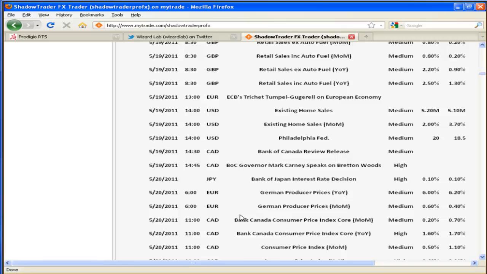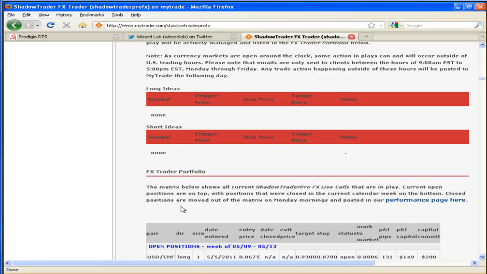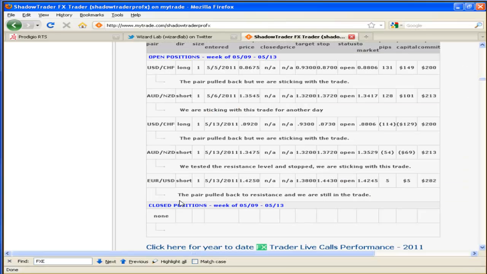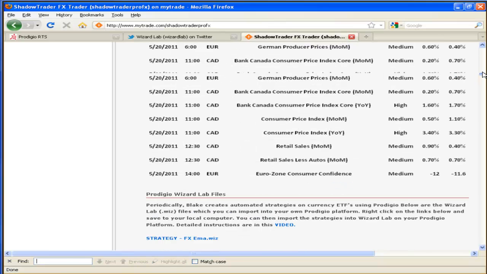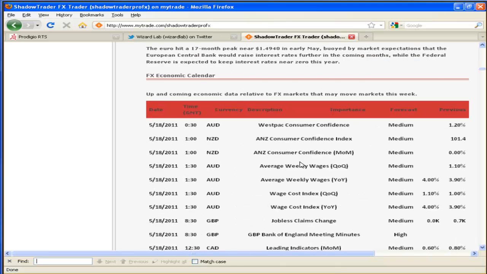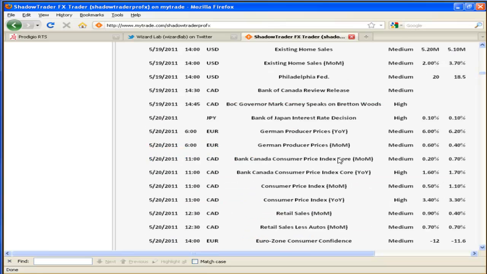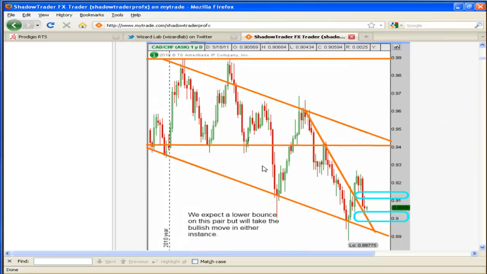Let me see if I can recall one of these symbols actually. I'm looking for this symbol list here. Because again, Prodigio is designed to run off of ETFs. I'm sorry, it's an equities trading platform.